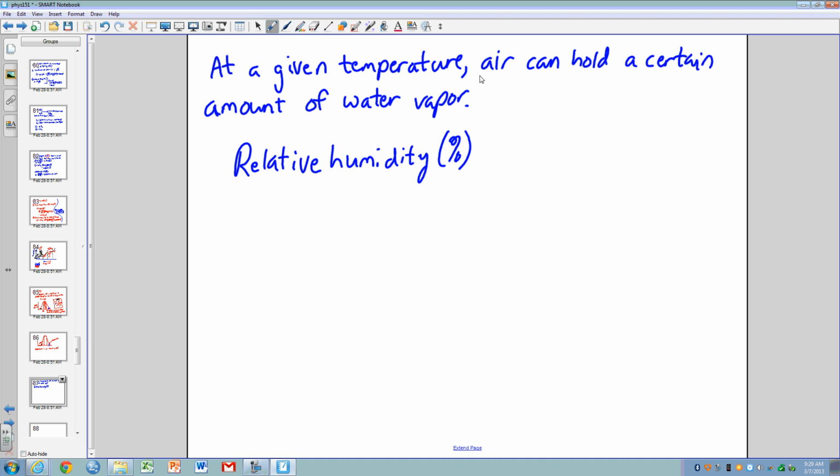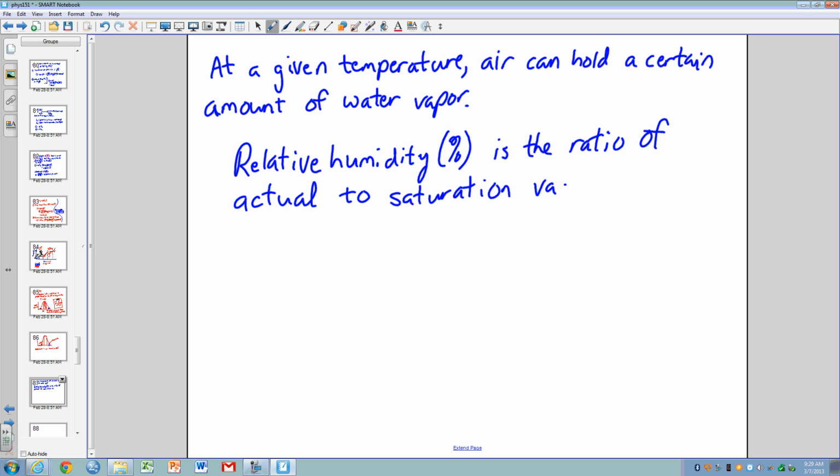All right? So relative humidity is the ratio of actual to saturation vapor density.